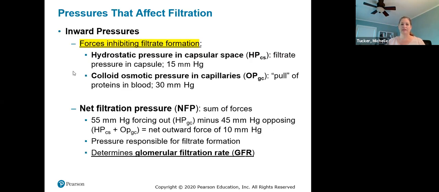The forces that are trying to push water back into the capillary, as far as hydrostatic pressure, or osmotic is the pull. These are the two forces that inhibit filtrate formation.